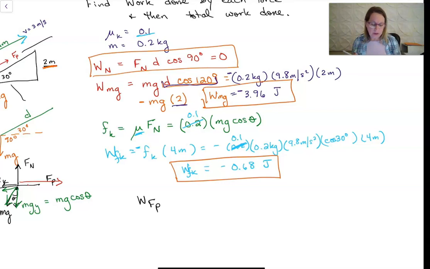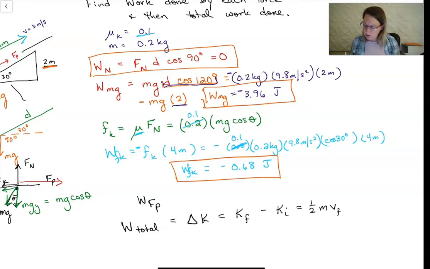But if we want to, we can sort of cheat our way around that and realize that the work total is going to equal the change in kinetic energy. That is kinetic energy final minus kinetic energy initial, or 1/2 mv final squared minus 1/2 mv initial squared.